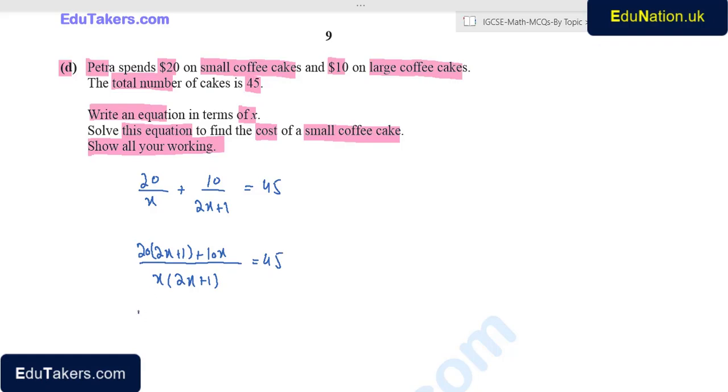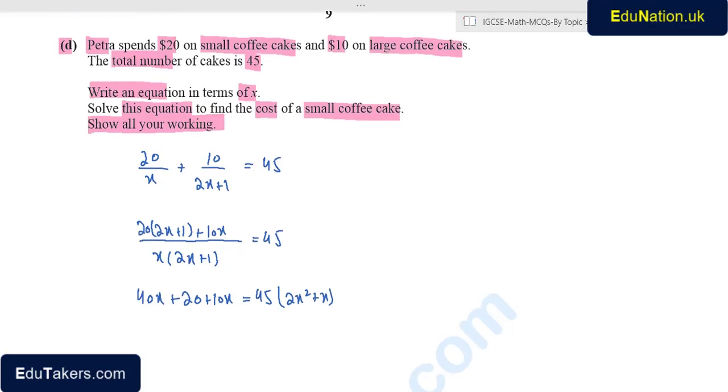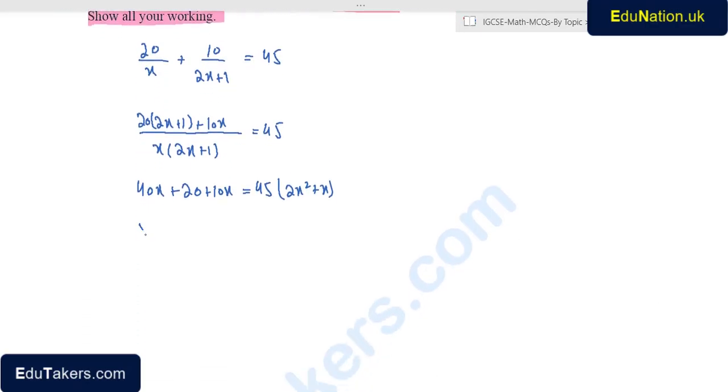Expanding the bracket, this will be 40x plus 20 plus 10x equals 45 into, now this will be 2x squared plus x. This is 50x plus 20 equals 90x squared plus 45x.